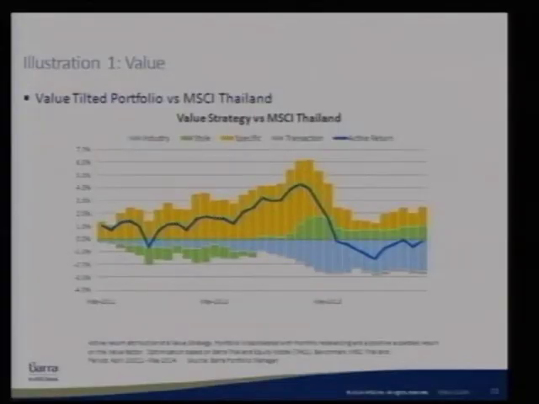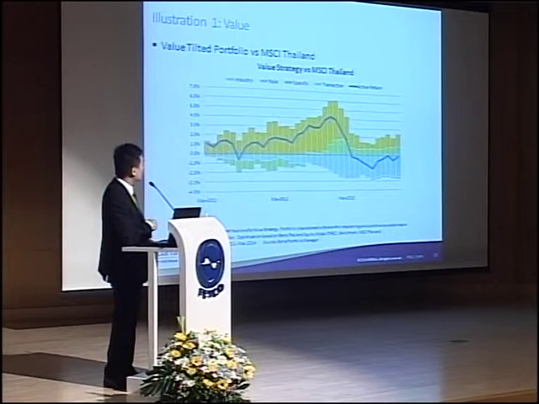The first strategy that I want to illustrate is a value strategy. This particular strategy is constructed using stocks in the MSCI Thailand Investable Market Index, targeting to outperform the MSCI Thailand Index. The backtest is run over the last 3 years, and if you recall, the performance of the value factor during this period was somewhat similar to this trend.